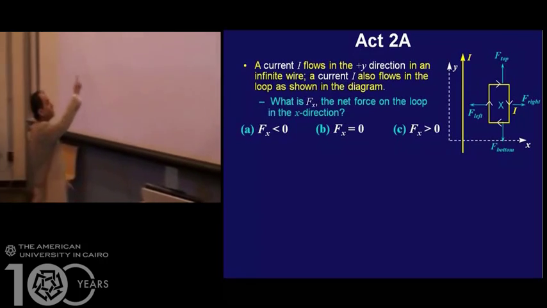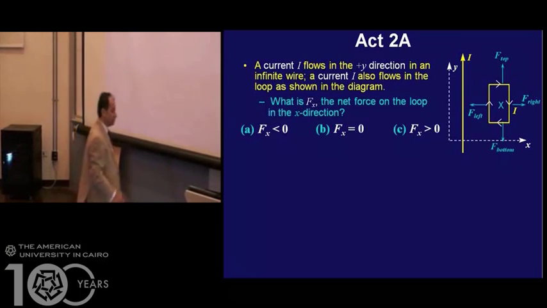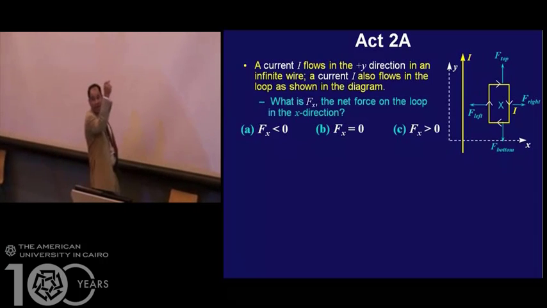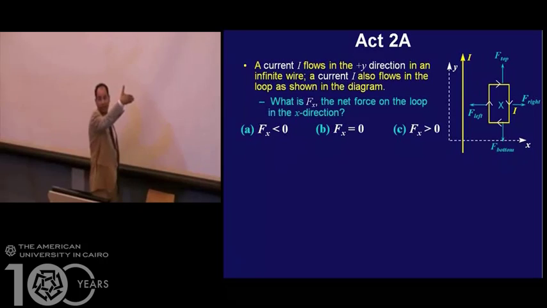So if you draw a circle around that wire, at the location of that segment, the circle is going to enter the screen. So this is the direction of the magnetic field. This is the direction of the current in that segment. This is the direction of the force. So the force is to the left. Okay?